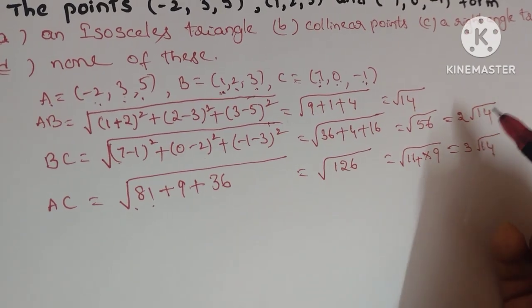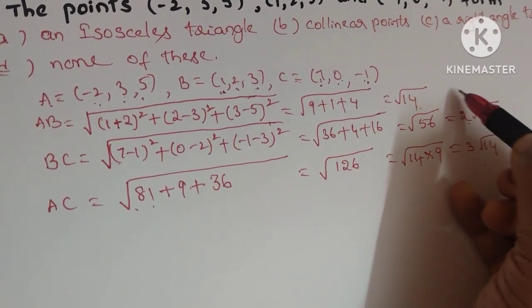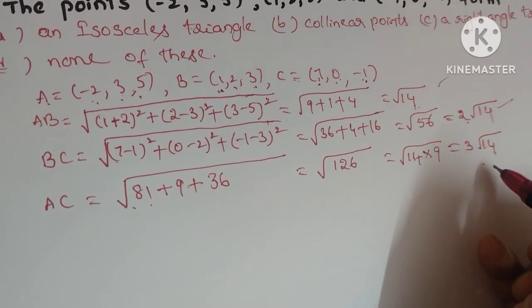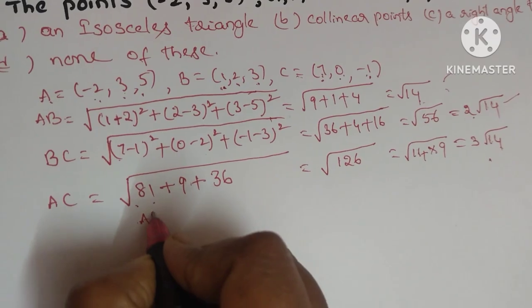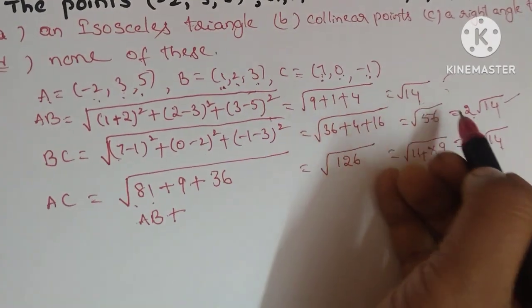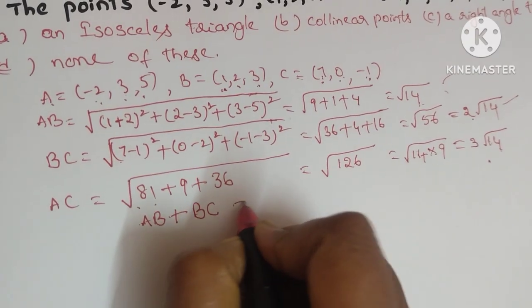Now observe root 14, 2 root 14, 3 root 14. If we add these two, we get this one. So what is this one? AB plus BC.